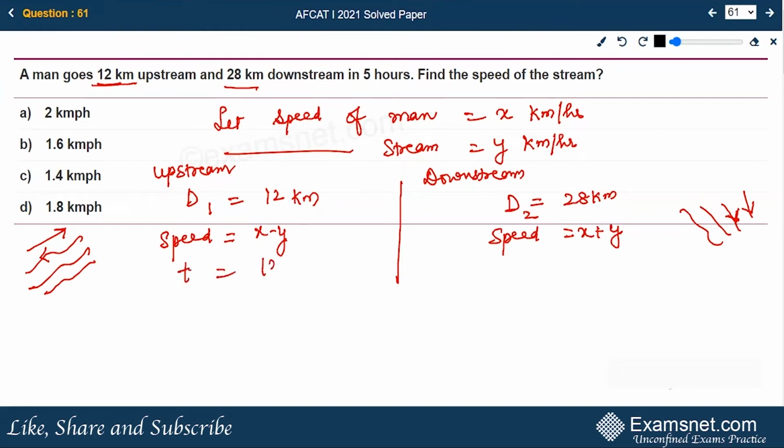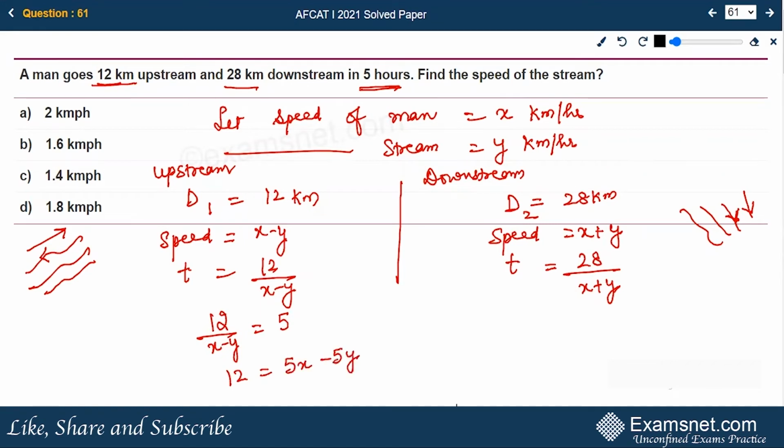Time taken upstream is 12 upon x minus y, and time taken downstream is 28 upon x plus y. Now, according to the question, he took 5 hours in each case. That means 12 upon x minus y is equal to 5, which gives you 12 is equal to 5x minus 5y.